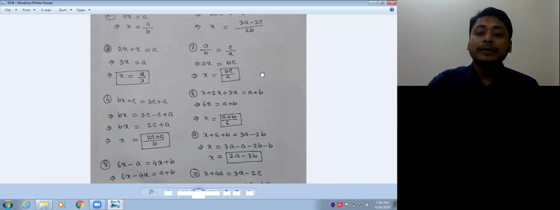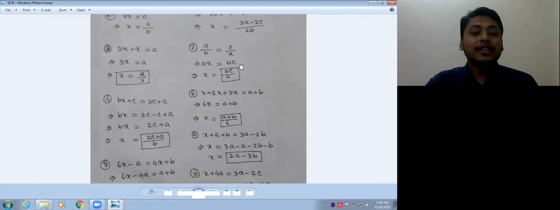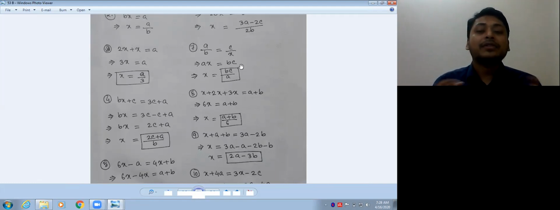Okay, so now the next maths, a by b equals c by x, you have done already in 53a. So do cross multiplication, and we will start from the upper one because in that corner the x is there. That's why you always have to follow which corner x is contained in. If x is in both corners, then you can start from any corner.